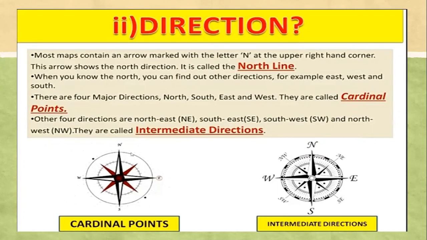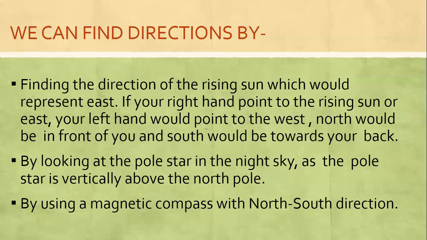Now, what are the other ways where you can find the directions? We can find the directions by the rising of the sun. As you all know, the sun rises in the east and sets in the west.